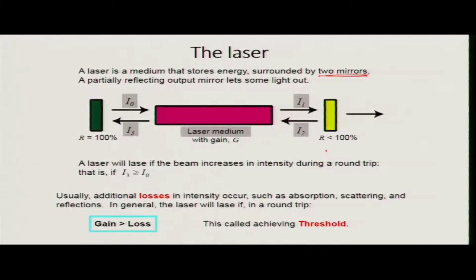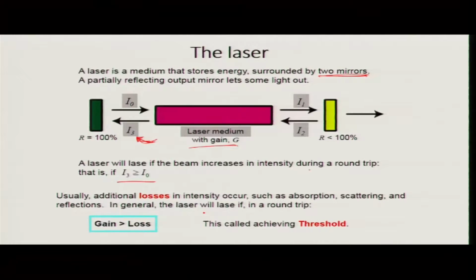In the simplest possible case, the laser medium with gain G is placed within a cavity, essentially these two mirrors, in which the beam can keep going back and forth, and the laser will lase if the beam increases in intensity during a round trip, that is, if my I3 is increasing with respect to my input.